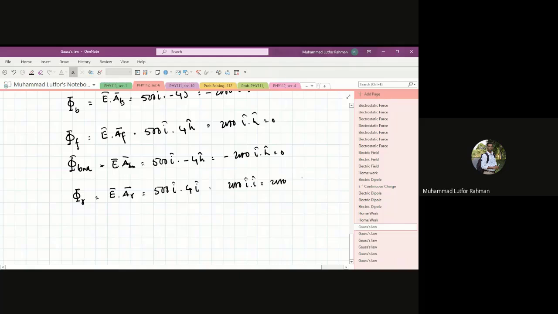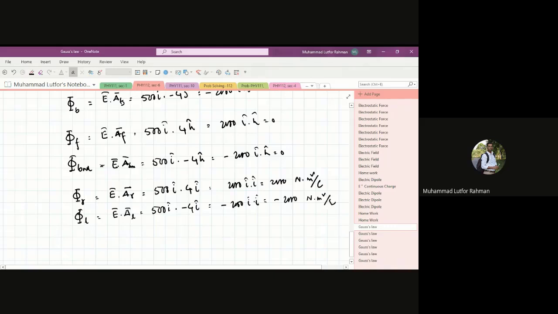And the unit of this flux, remember, is Newton meter square per coulomb. This will be plus 2000. What about the left surface? I'll find E dot A left, which is 500 I hat dot minus 4 I hat. It will give minus 2000 I dot I, which is minus 2000 Newton meter square per coulomb.